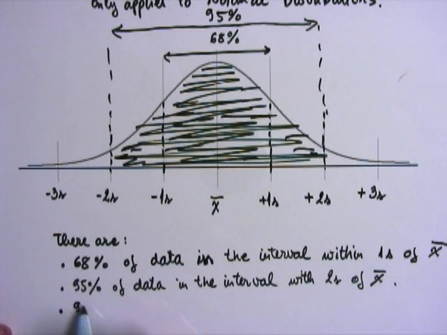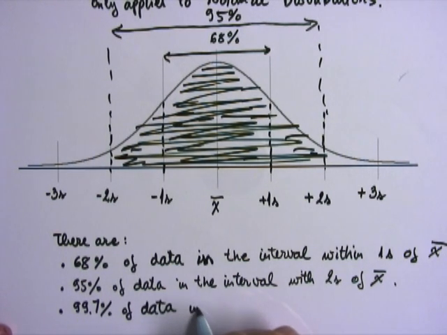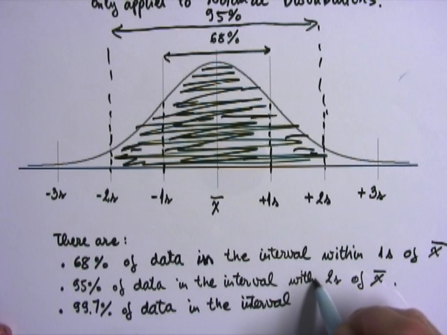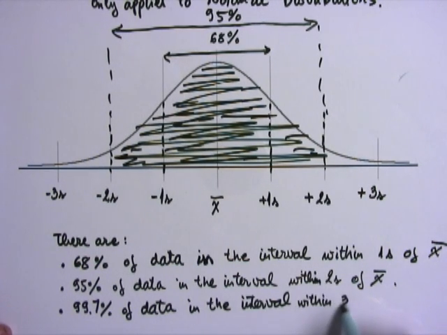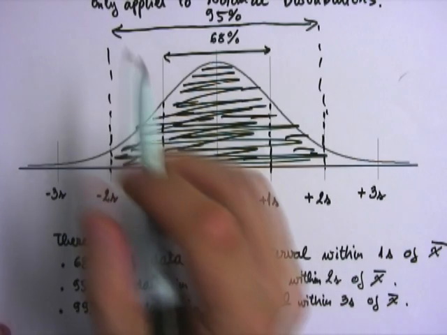And then lastly, there are 99.7% of data in the interval within 3 standard deviations of the mean value. Now we're talking about that last interval over here.